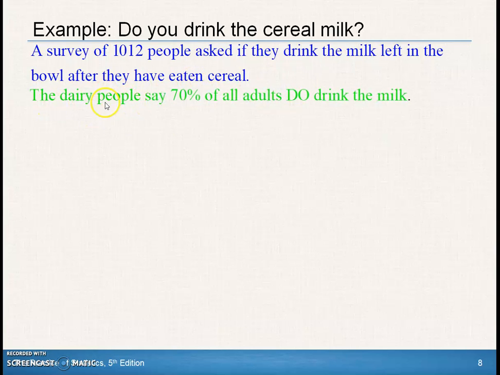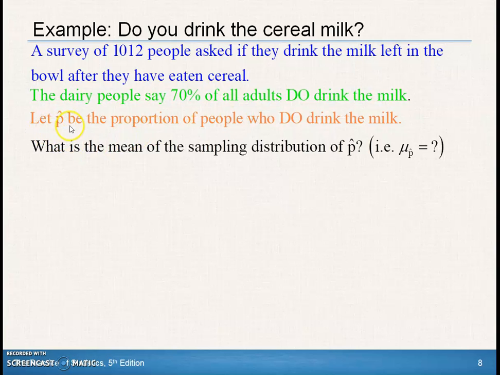The dairy people say 70% of all adults do drink the milk. So p cap is the proportion of people who do drink the milk. What is the mean of the sampling distribution? Well, remember, the mean of p cap is p, 70%.